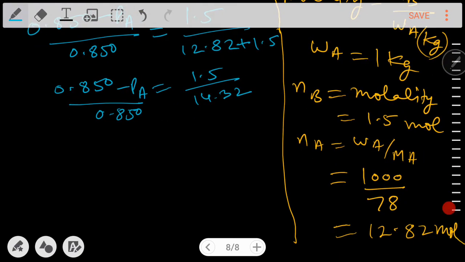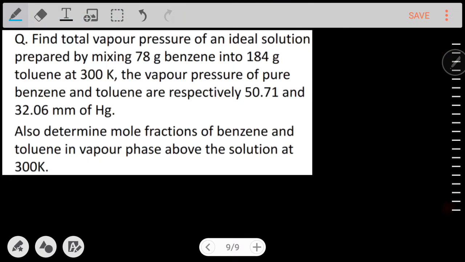When you solve it completely, you'll get the value of PA as 0.7610 bar. P naught is here in bar, so PA will also be determined in bar. So this is your final answer. That's all. Now the next problem, that is related with Raoult's law for a solution containing two or more volatile liquids.